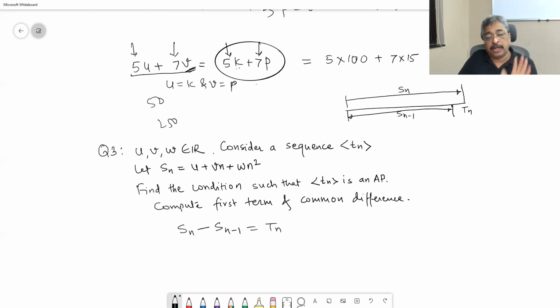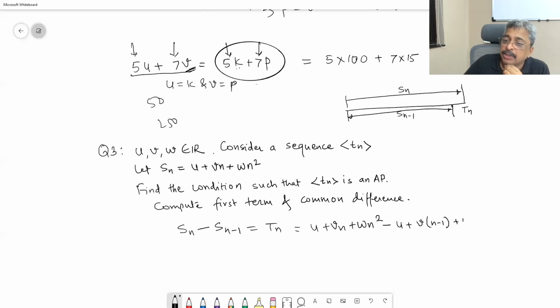Correct? Yes, sir. As per our formula, Tn is U plus Vn plus Wn square minus U plus V into n minus 1 plus W into n minus 1 bracket square. That is your Tn, which is U gone, Vn gone, what remains is V, Wn square gone.